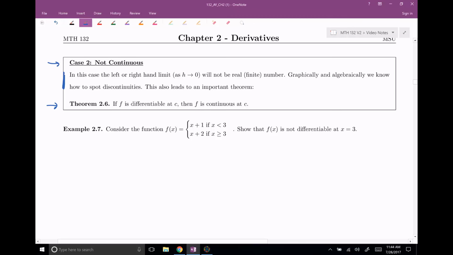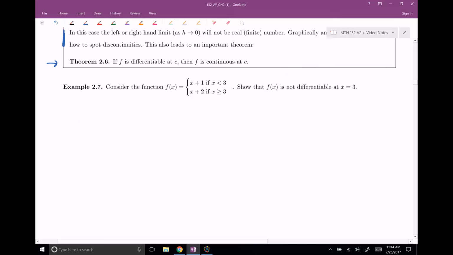If I asked, is this differentiable at x equals 3? You might say yes. But the claim is that it is not, because we have to think about whether it is continuous at x equals 3.